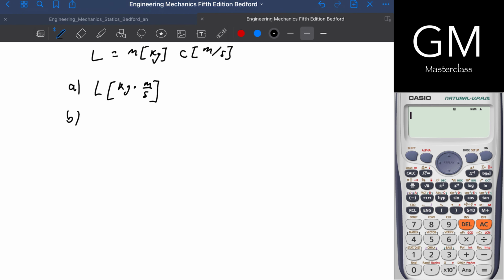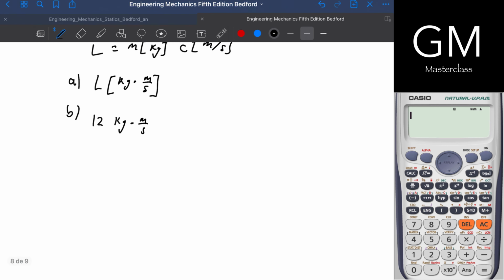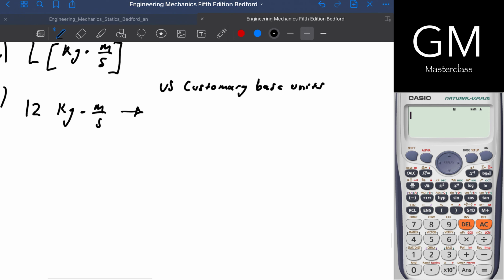So I gotta transform 12 kilograms times meters per second into US customary base units. This is like the most important part of the exercise, because the next part is just playing with divisions and multiplications.